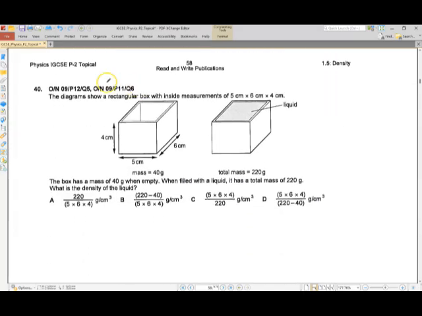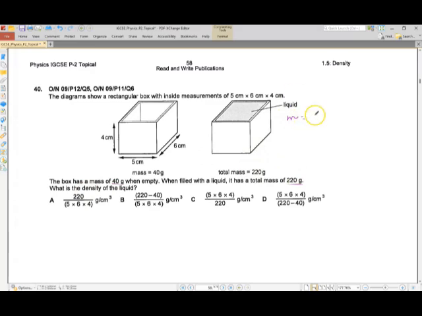Okay. Question number 40. The diagram shows a rectangular box with inside measurements of 5 centimeter, 6 centimeter and 4 centimeter. The box has a mass of 40 grams when empty, and when filled with liquid, it has a total mass of 220 grams. So what is the density of the liquid? We have our mass.